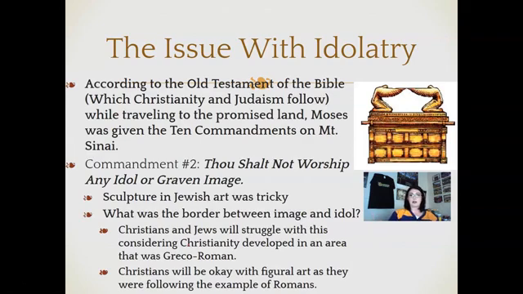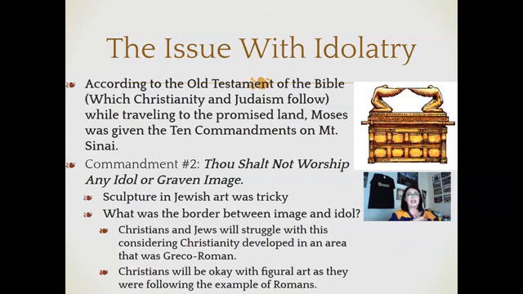So Jewish art was very particular about how they would show things in art. They were very cautious that anything that they were doing could be construed as an idol. So while Jews are still going to be very particular about showing sculptures and images in art that can be portrayed as idols, Christianity, on the other hand, is going to break away from that, because if they do use recognizable images from Greece and Rome, it may help them to kind of blend in, actually, instead of standing out.